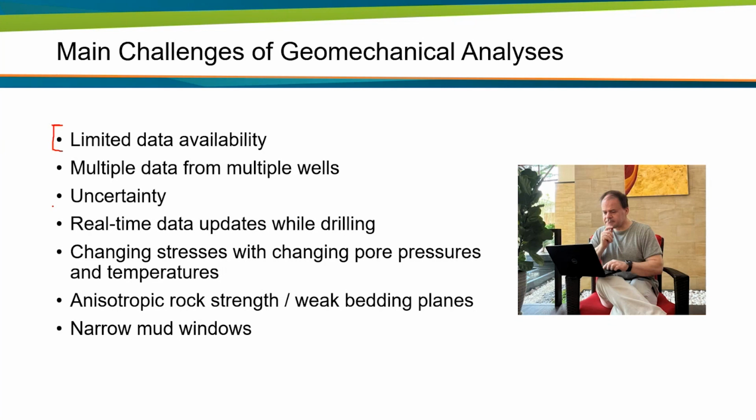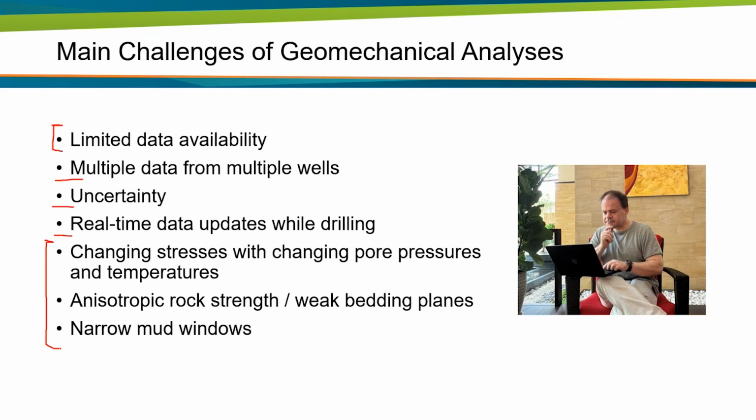So there is a large uncertainty in your model. And as you drill more wells, that uncertainty will decrease because you get more data, you get more drilling experience, but you will have data from multiple wells, and things might change real time as you are drilling, and there are a number of other technical challenges which you can meet. So you need to address those challenges.